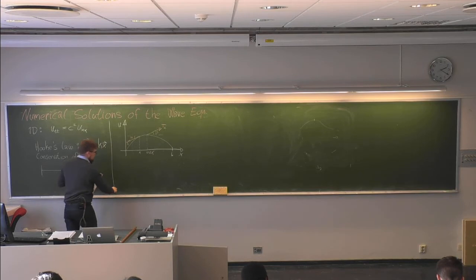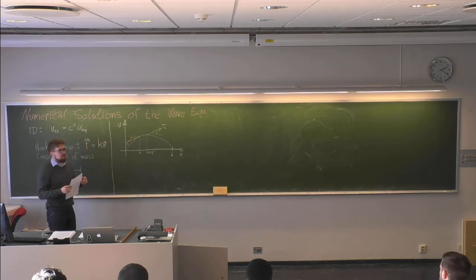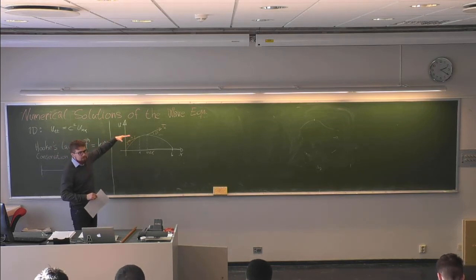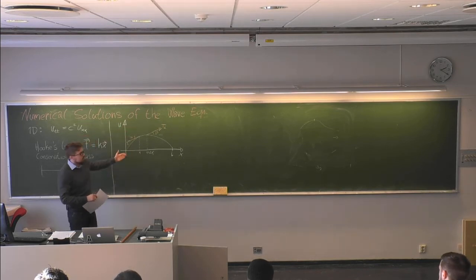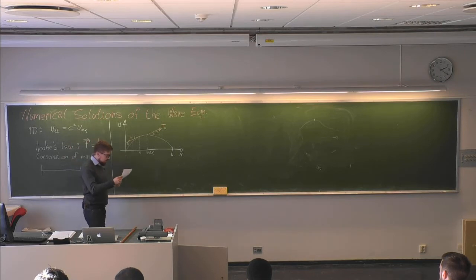I think I've gotten all the details. So you can imagine that all the particles on the string can move in the vertical direction, so only up and down. They can't move side to side.